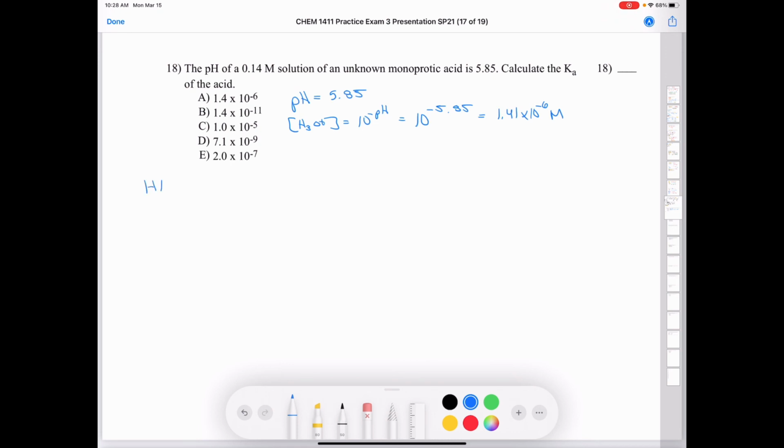Now I know that when I take that monoprotic acid and I put it in water, it's going to partially dissociate to give me hydronium ions plus the conjugate base of the weak acid.